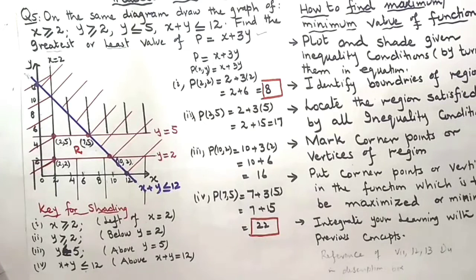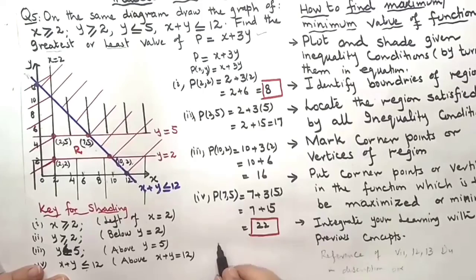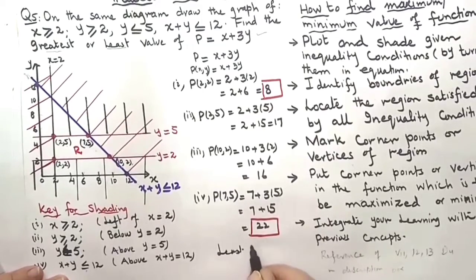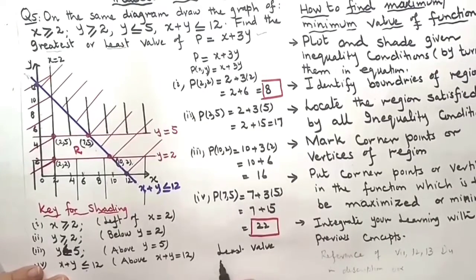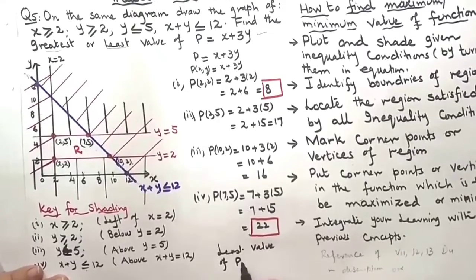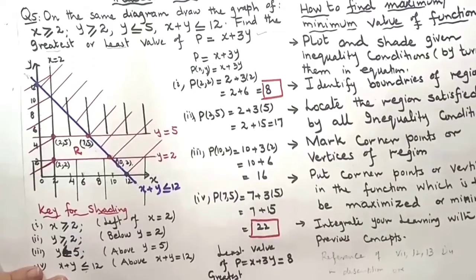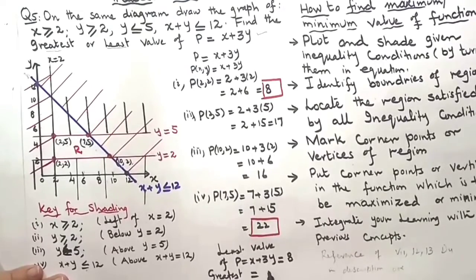So we can conclude that the least value of function p equals to x plus 3y is 8, and greatest is 22.